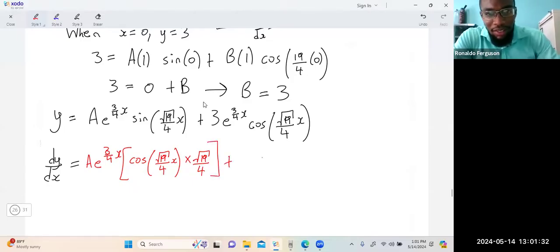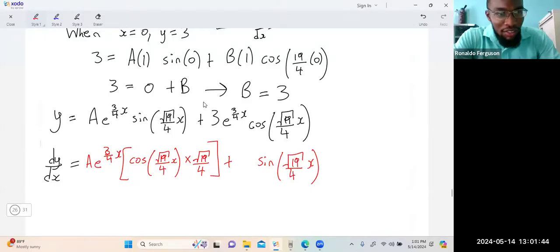Plus, keep the second, the sine root 19 over 4x, multiplied by the derivative of the first, and the derivative of the first, that is differentiate 3/4 x is just 3/4. I'm going to write 3/4 as 3a over 4 e to the 3/4 x. Right? So that's that part. Keep the first, differentiate the second, plus keep the second, differentiate the first.